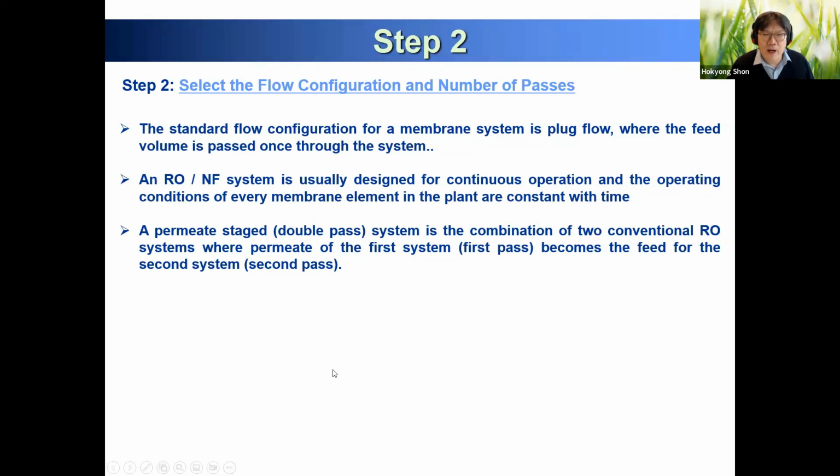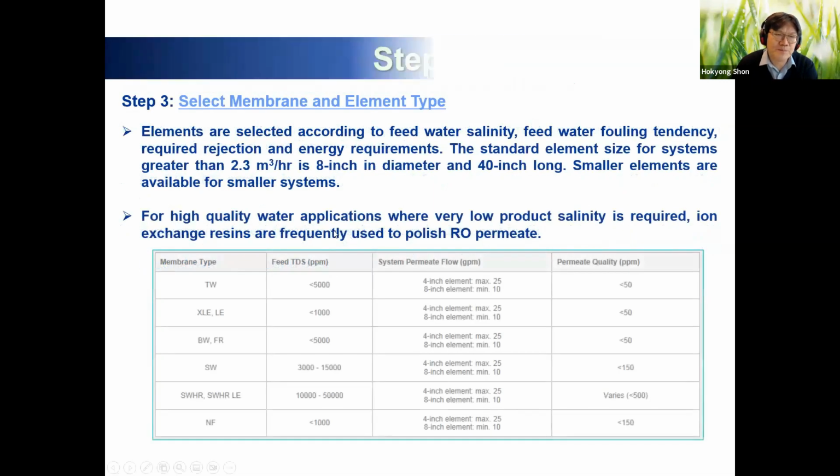That is how you set the number of passes. Normally you go through a double pass because, as discussed during the Sydney desalination plant, most plants need a second pass because of boron or bromide concentration. So we decide on plug flow and a second pass system.